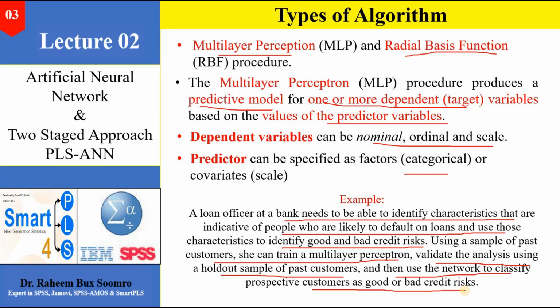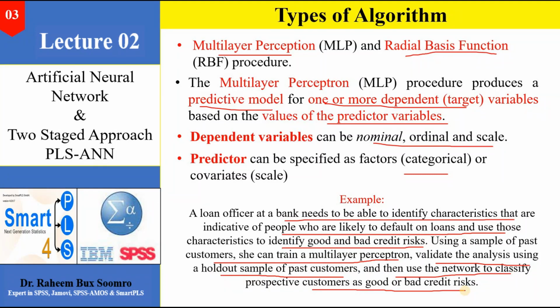Based on previous experience, she will provide the data of past customers, and these are the predictors. This algorithm will then provide the different predictors from the importance point of view: which predictor is the most important, which is the least important, which is 50% important, which is 70% important.